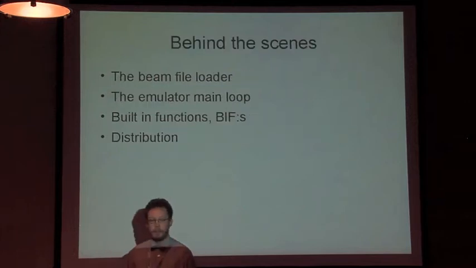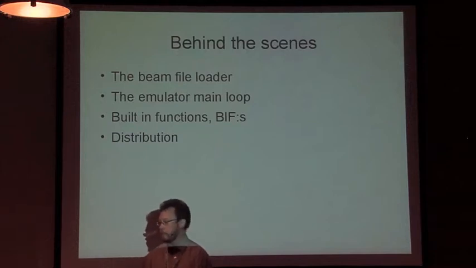So, looking at the gory technical details, basically this 5,000 lines of JavaScript can be divided into 4 parts. I've tried to separate them a little bit. There's this Beam file loader, which understands the Beam files as they are compiled by the compiler, and it can unpack it and change the data structure so they are easier and more efficient to read in JavaScript.